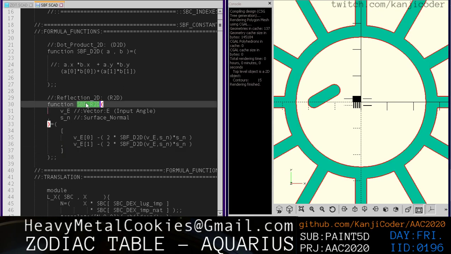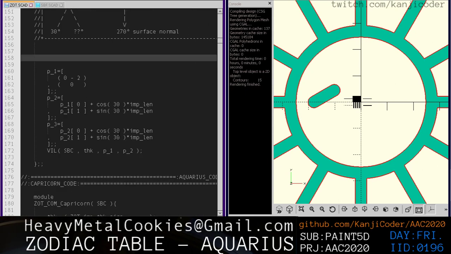So we have this reflection thing, right? So a reflection function, and we're hoping that reflection function works properly. So this is going to be in terms of vectors, though, right? So we want to go from point 1 to point 2, right?